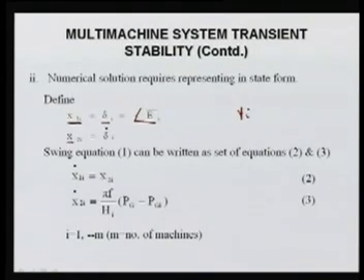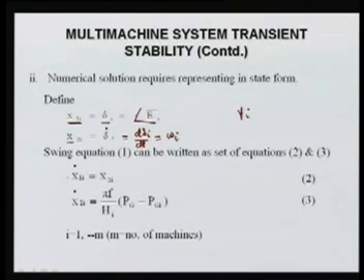Your second variable, x2i corresponding to the ith machine, will be the derivative of delta i, that is d delta i over dt, and we know this is nothing but omega i. Now the swing equation 1 can be written as a set of equations 2 and 3.